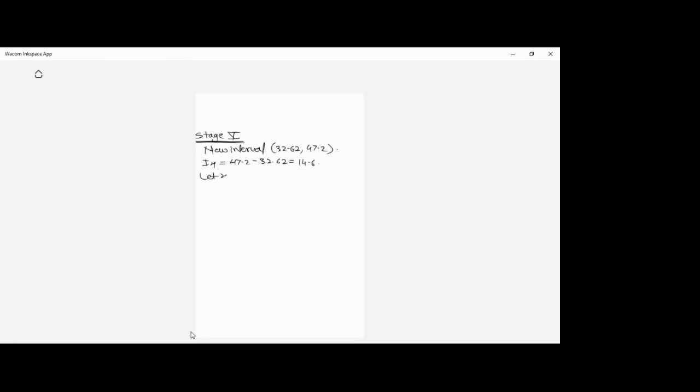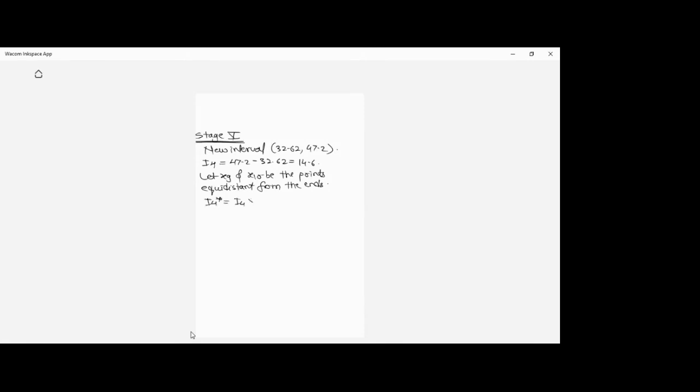Let x9 and x10 be the points equidistant from the ends. So we can find out the I4 dash value, I4 star value.